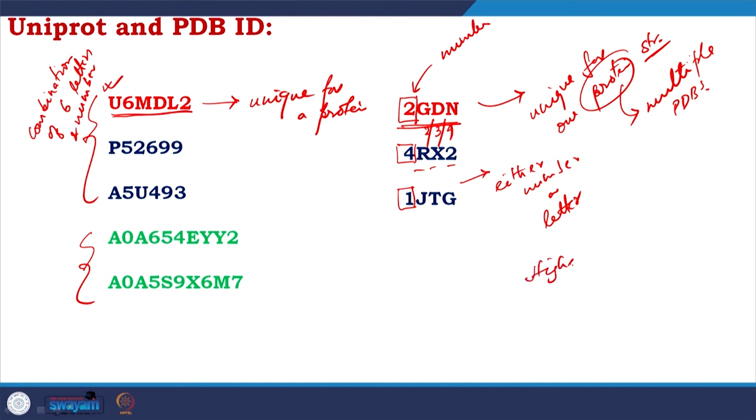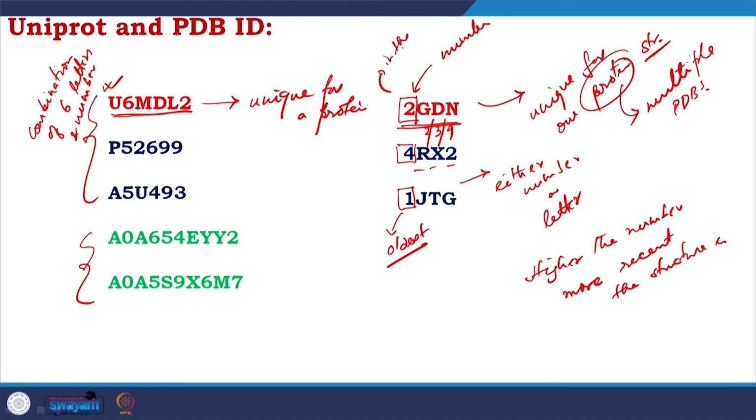The higher the number, the more recent the structure is. So among these three, this is oldest, this is in the middle, and this is the most recent. So again you go to PDB, you provide a PDB ID and you get the unique structure and its information.